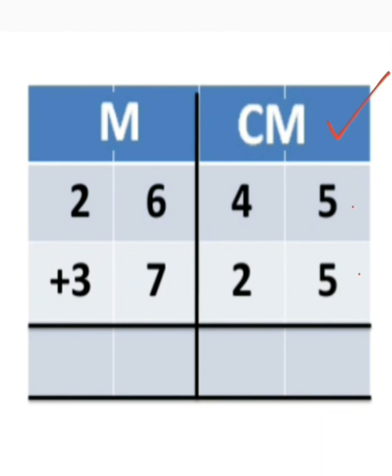So we will write 0 here and 1 will go as a carryover to the left side column. Now in this column, children, we have 1, 4 and 2. So 1 plus 4 plus 2 is 7. So we will write 7 here.